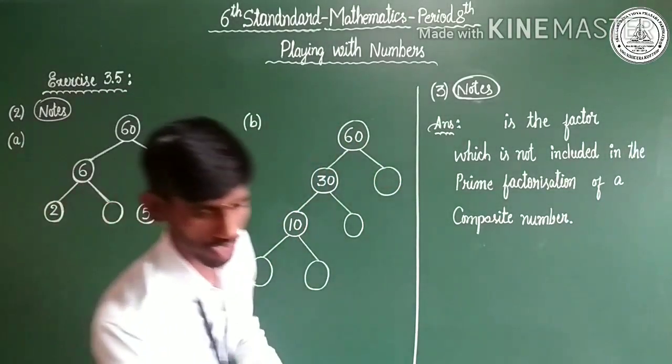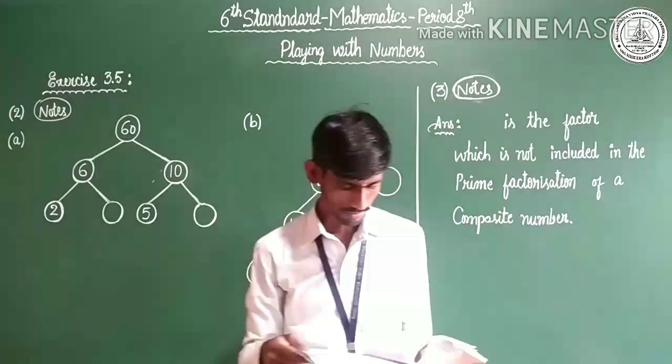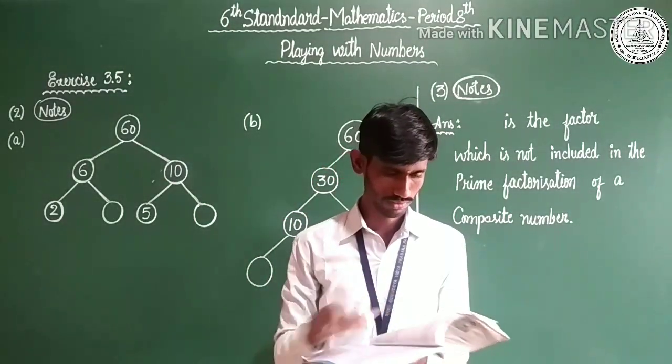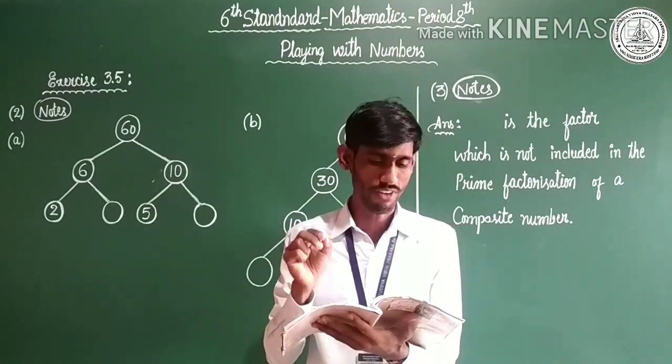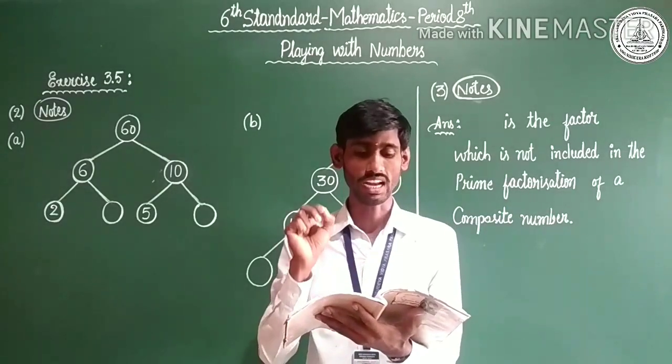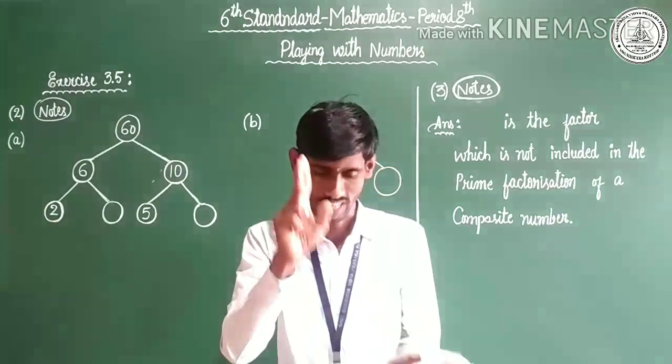Observe here, Chotu, the question first. Page number 62. Here are two different factor trees for 60. Write the missing numbers. There are two questions.